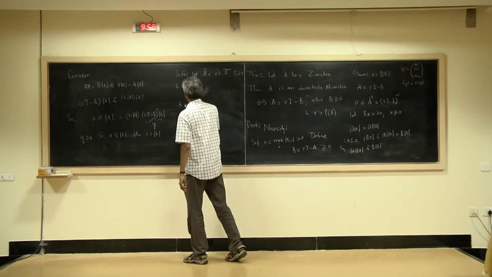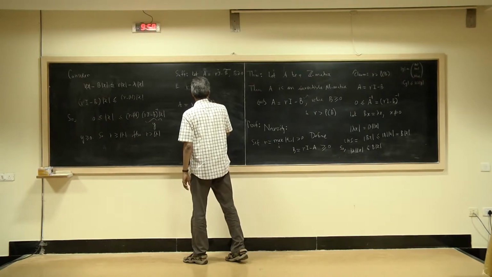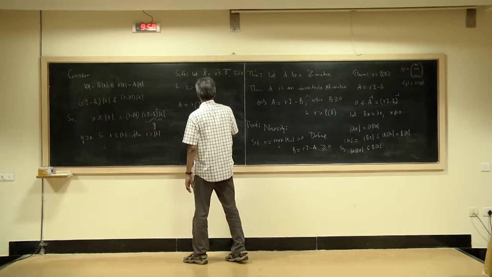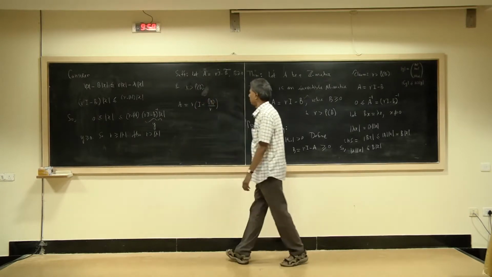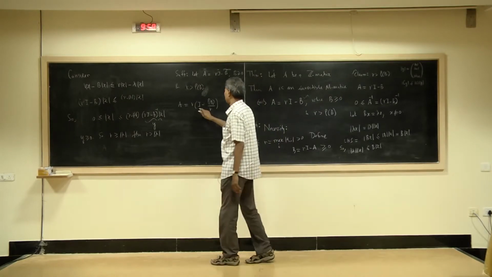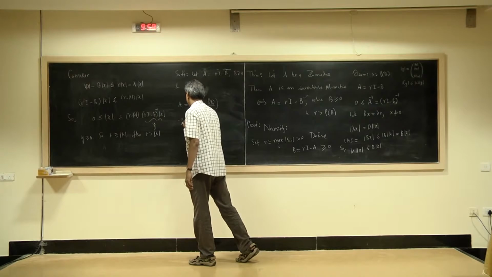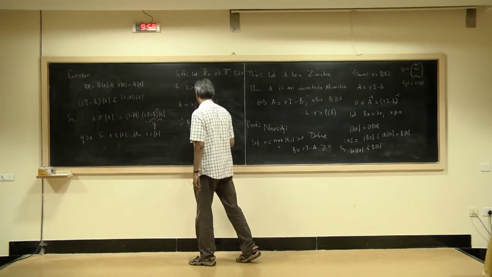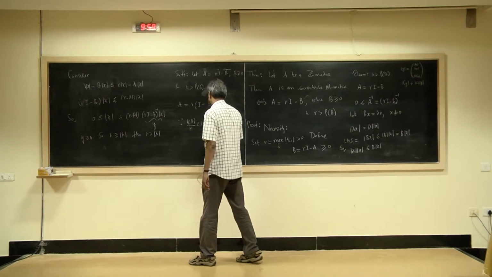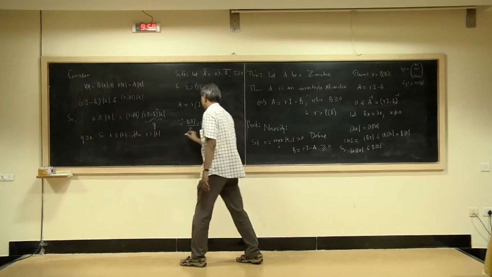Rewrite A as R times I minus B by R. Spectral radius of B by R is less than 1. So this matrix, since rho of B by R is less than 1, I minus B by R is invertible.